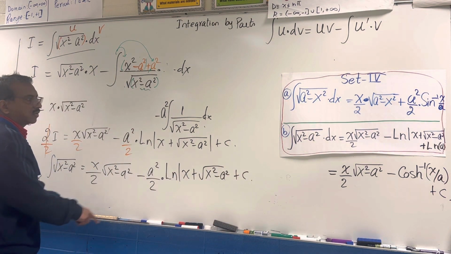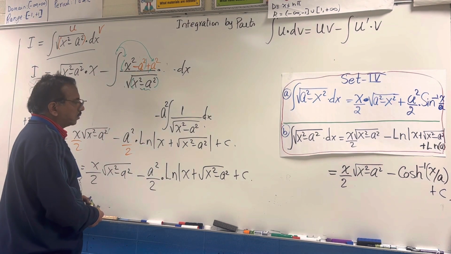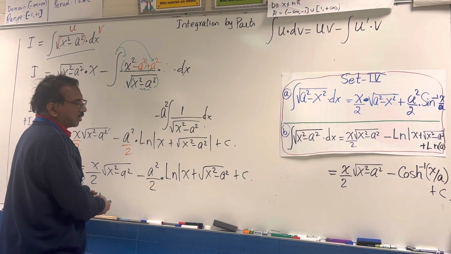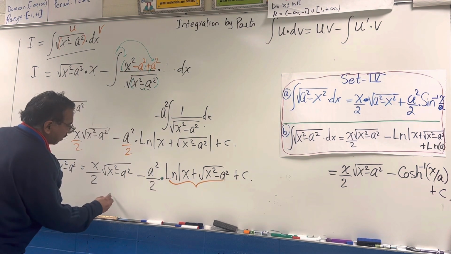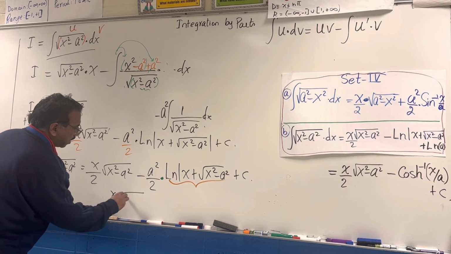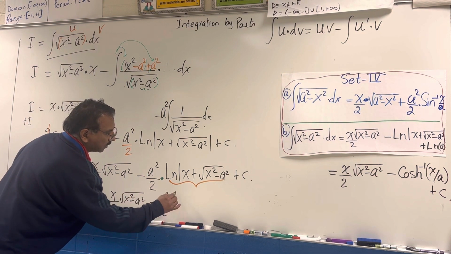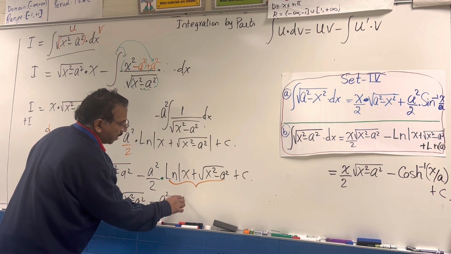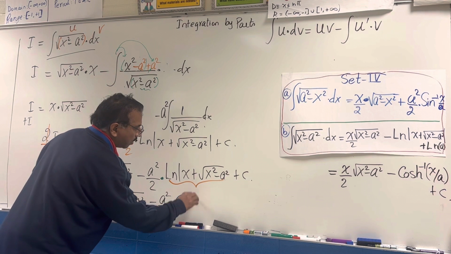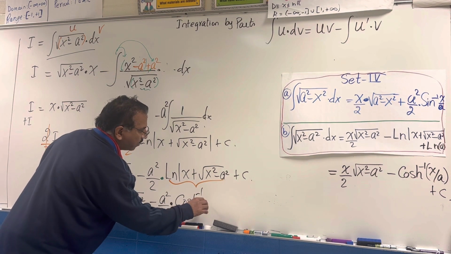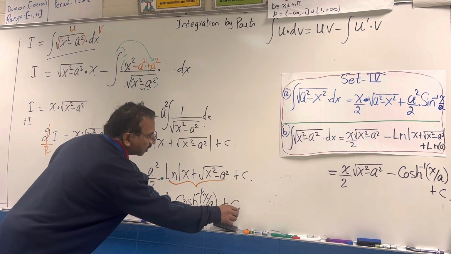Now this can also be written as x by 2 square root of x squared minus a squared, and this will be cosine, so hyperbolic cosine inverse of x divided by a, and then plus c, and you're done.